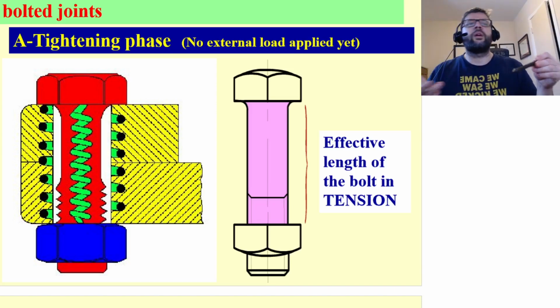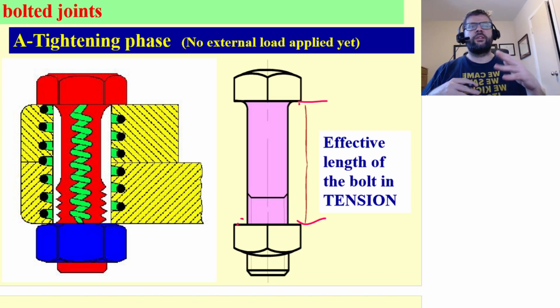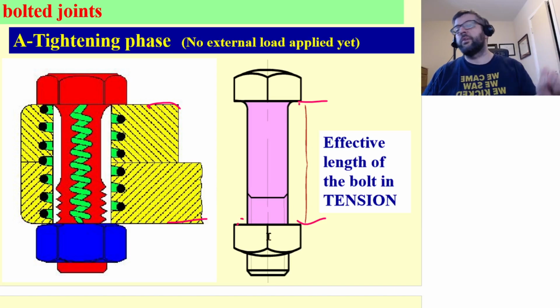Before you tighten it up, you're left with a certain distance in the shank between the head of the bolt and where the nut is set. That is initially going to be just the combined thickness of the two members that you're tightening together, or the two or more members that you're tightening together.